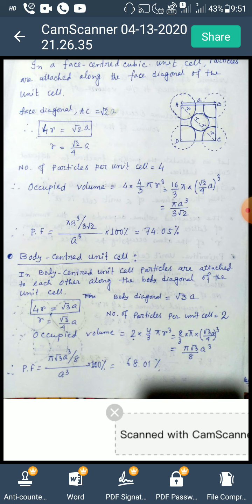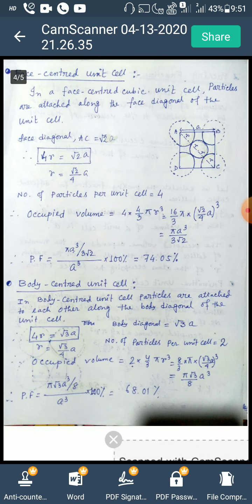Now the number of particles per unit cell in a face-centered unit cell is 4. We know that. So the volume occupied by the particles in a face-centered unit cell is 4 into 4/3 pi r cube, which equals 16 by 3 pi r cube. You have to put the value of r, which is root 2 by 4 into a.